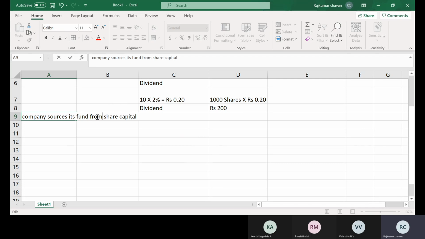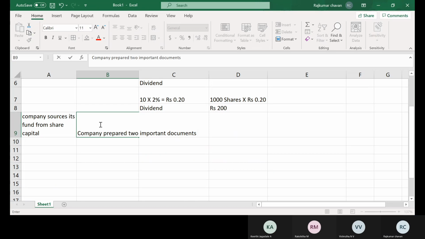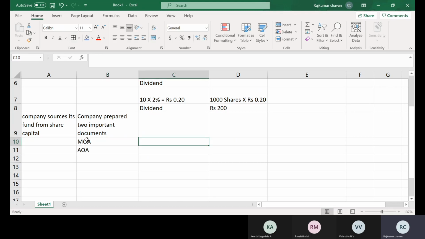And who has given permission to raise the amount through share capital? A company prepares two important documents, right? What are those two important documents of the company? First one is MOA, second one is AOA.